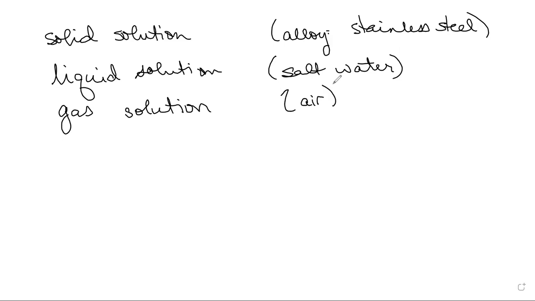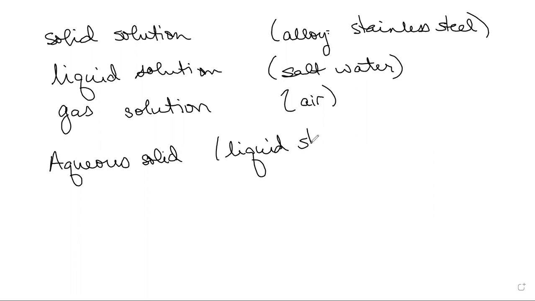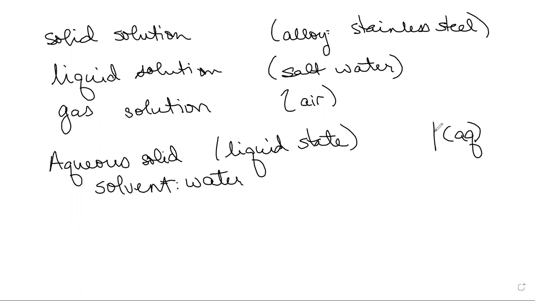What we're going to focus on are what we call aqueous solutions. So aqueous solutions, they take on the liquid state, and our solvent is water. Okay, and when we do this, don't forget, when something is in an aqueous solution, the abbreviation is AQ.